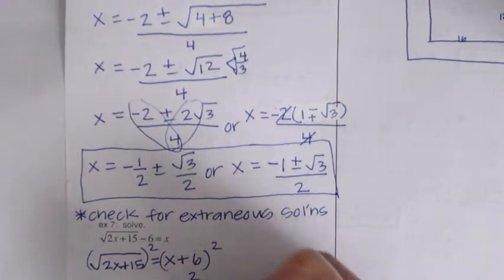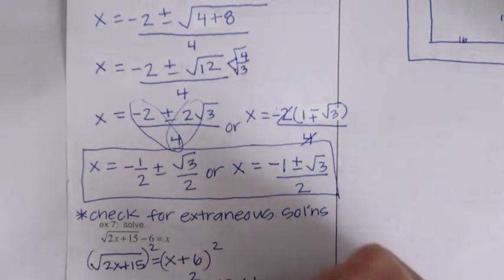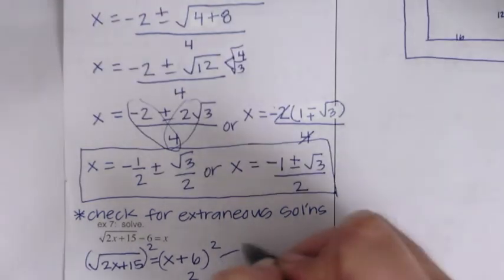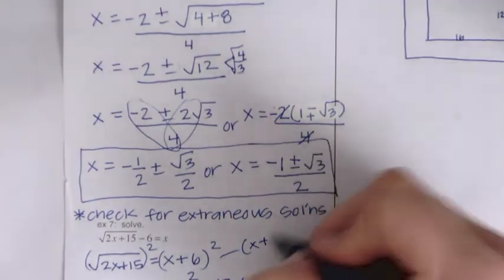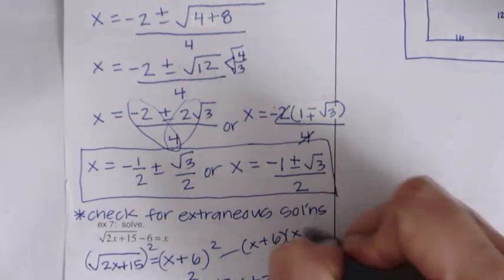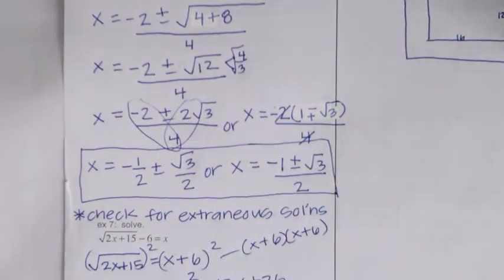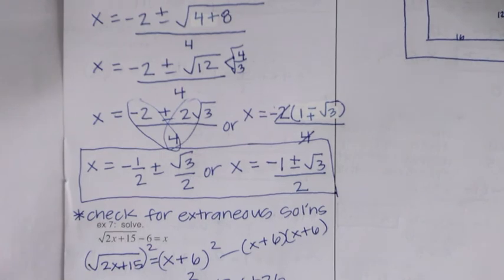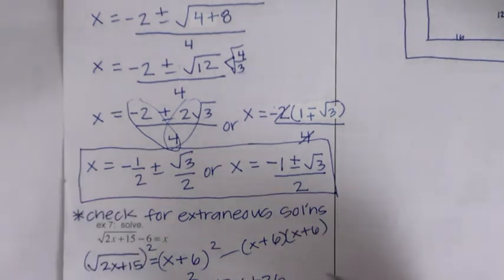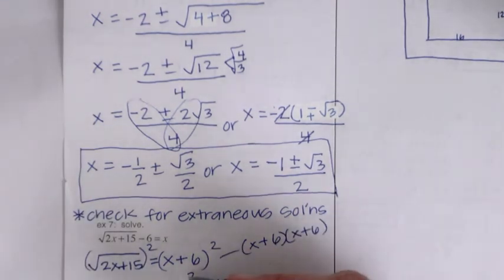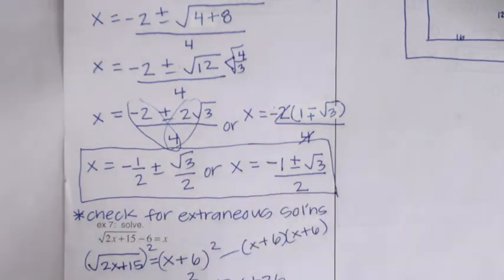So x squared plus 12x plus 36 when you FOIL that, not x squared plus 36, which is a common math mistake. And then you're going to go, it's quadratic, so you want to get one side equal to 0.